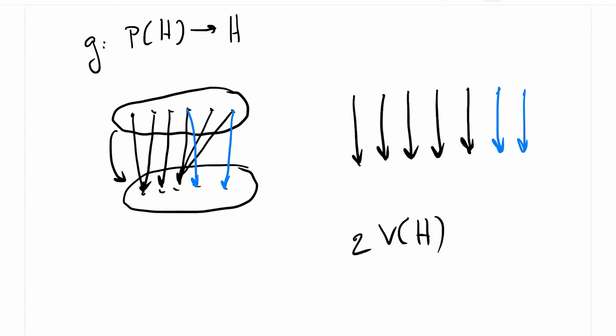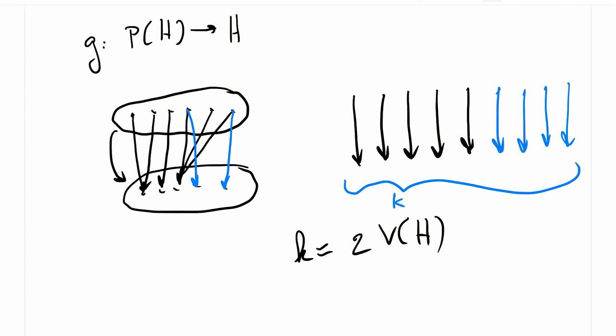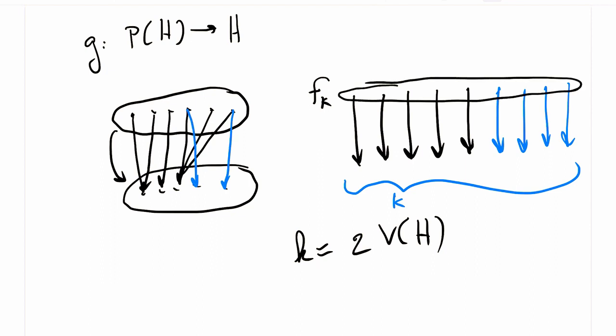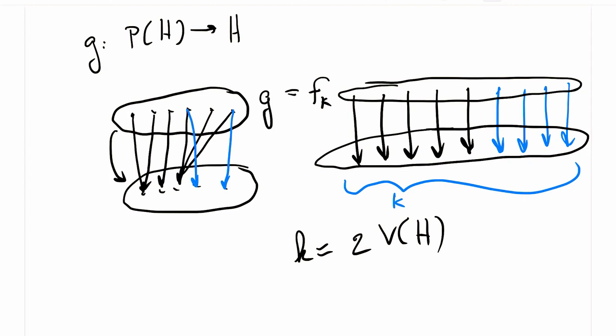This is the K, the arity of Fk. We would like to apply Fk, so if this list is too short, we just take the last edge that we've listed and reproduce it until we really reach K. We have now a list of K edges, and now I claim that if I apply Fk to the first points of these edges and Fk to the second of those edges, I obtain the same as G applied to the first bag.